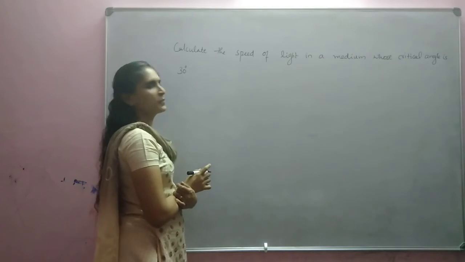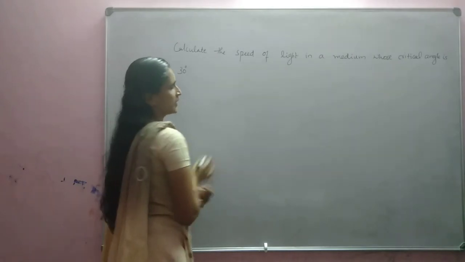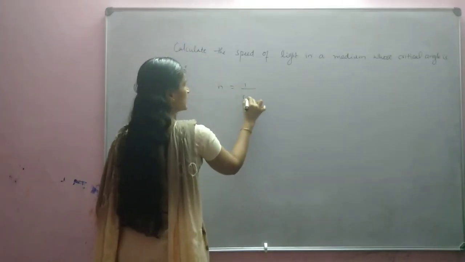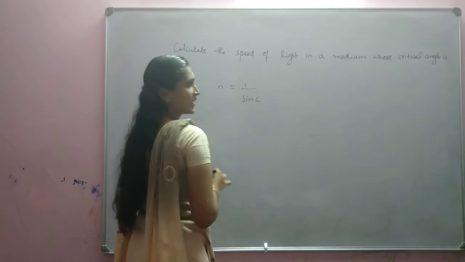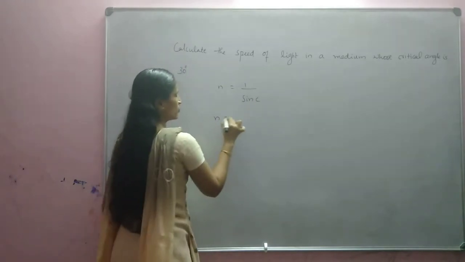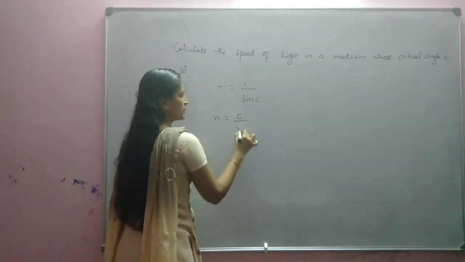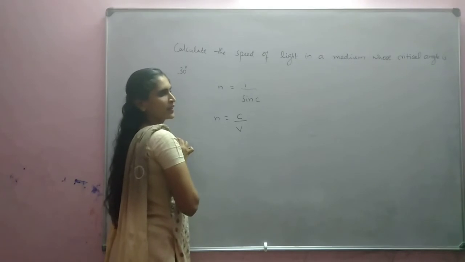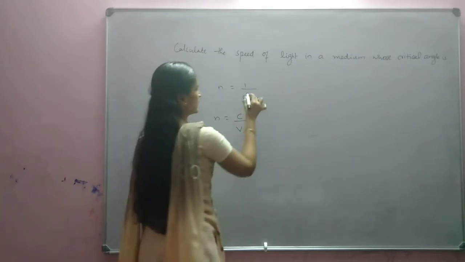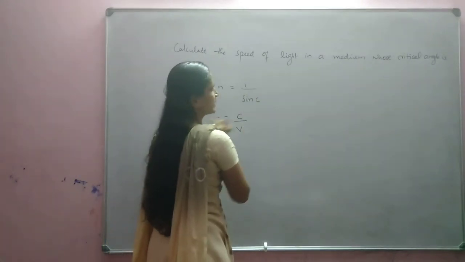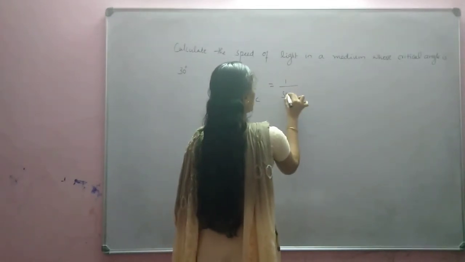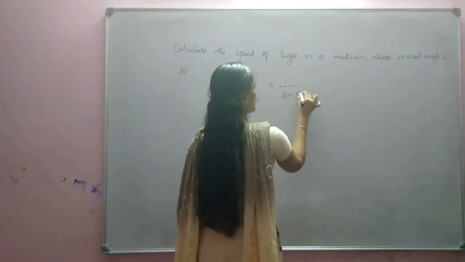You have to find the speed of light in that medium. So we know that refractive index is equal to 1 by sin C, and again we can write refractive index is equal to speed of light in vacuum by speed of light in medium. Okay, is it clear? So what is given, n is equal to 1 by sin C, so you can substitute 1 by sin 30.